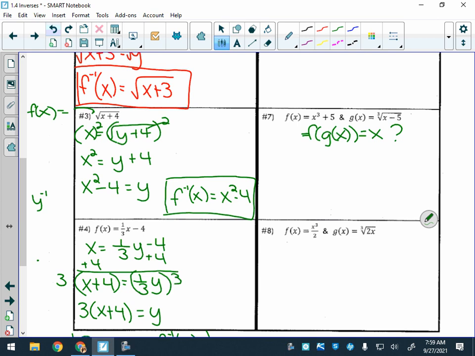So, take the g of x function, plug it into the x of the f function. Cube root of x minus 5, cubed, plus 5.